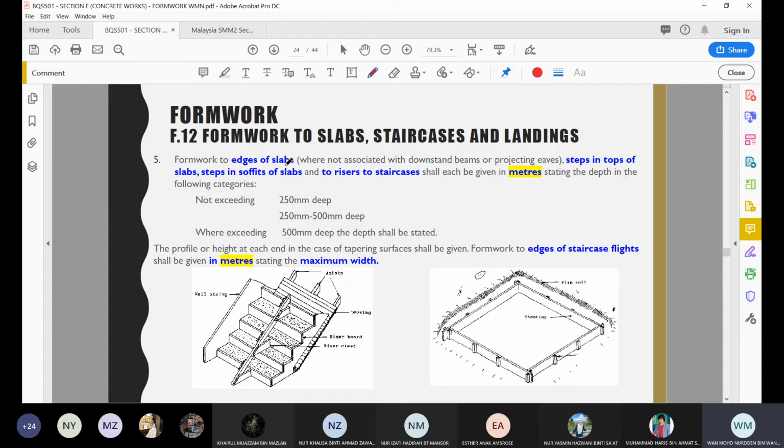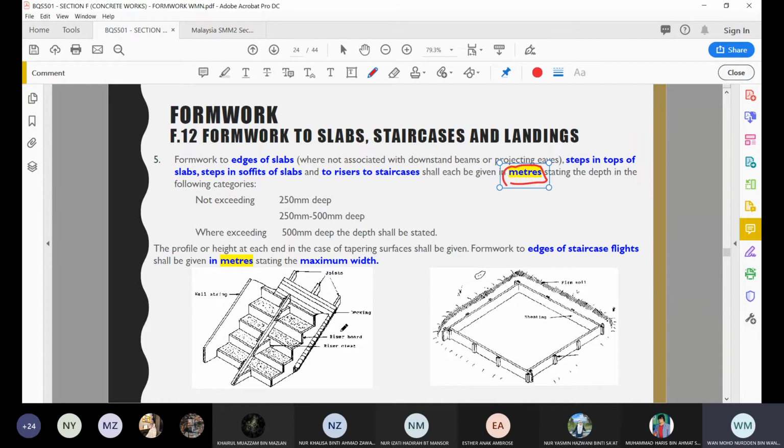Okay, kawasan tepi lah, edges of slab ni. Okay. Where not associated with downstand beam or projecting. If step in tops of slab, step in soffit of slab, and two rises, two staircase, shall each be given in meter.